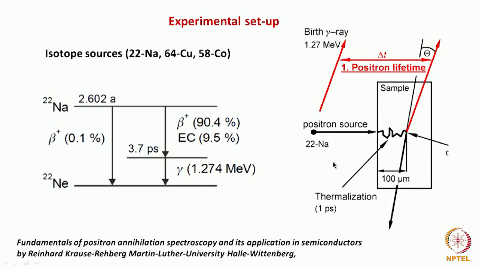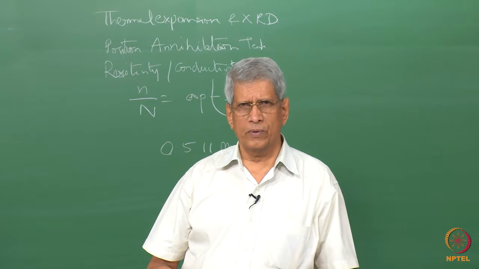Correct. So any metallic material contains ions which are located at different positions, and also electrons which are distributed uniformly throughout the sample.